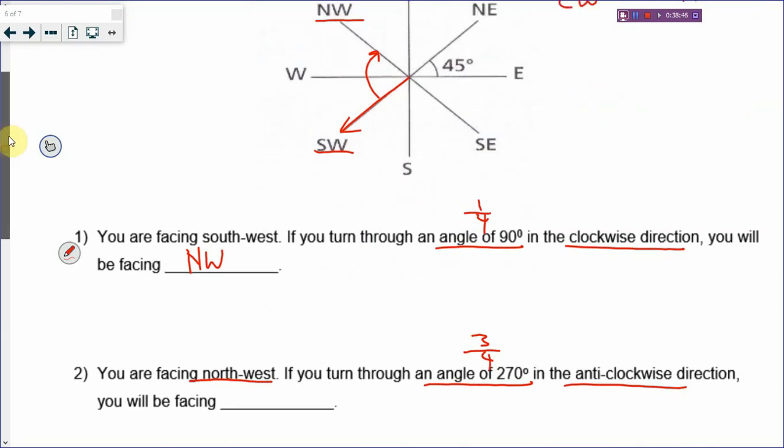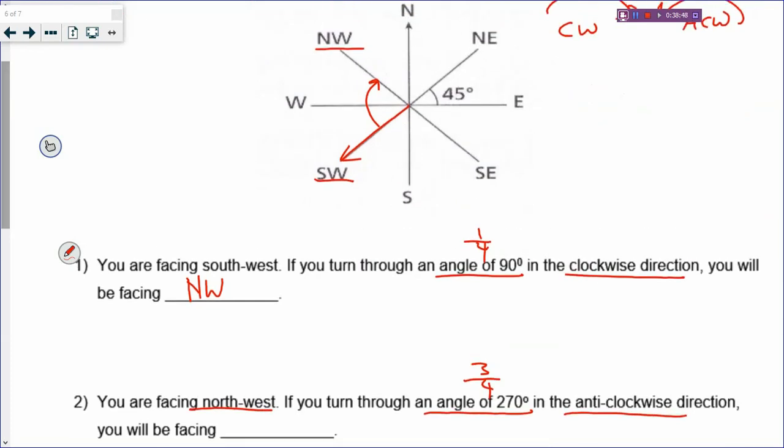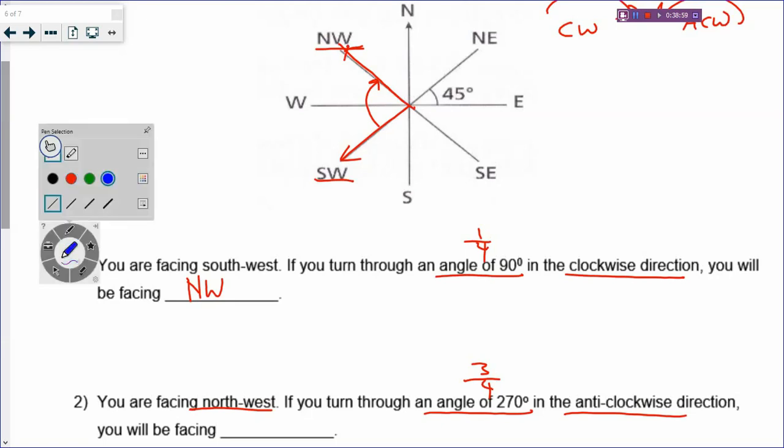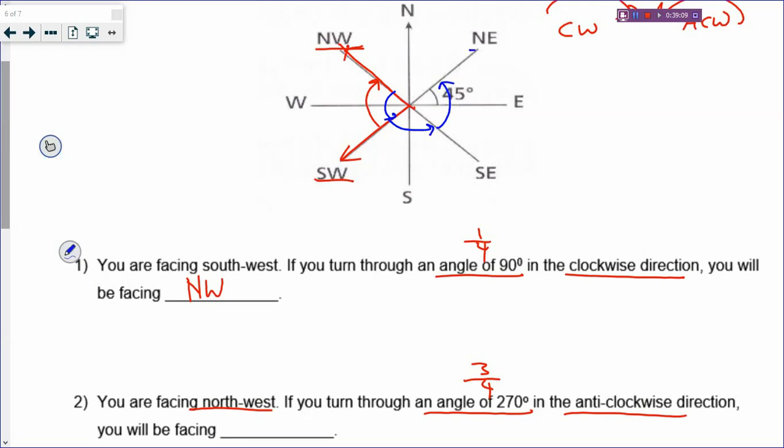Facing northwest, you turn anti-clockwise: 1/4, 2/4, and 3/4. Now you are facing northeast. So that's your answer, northeast. That's anti-clockwise, going back.